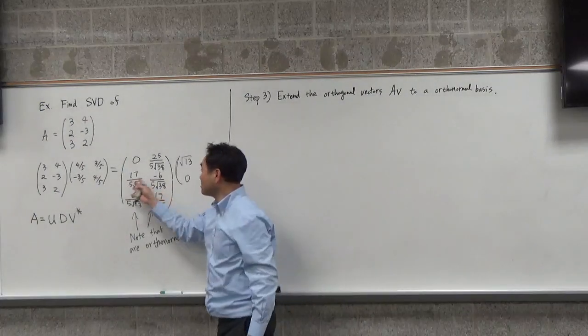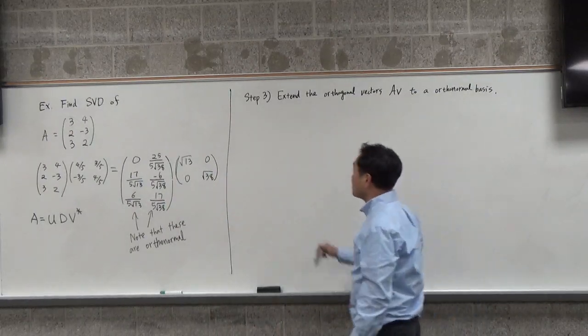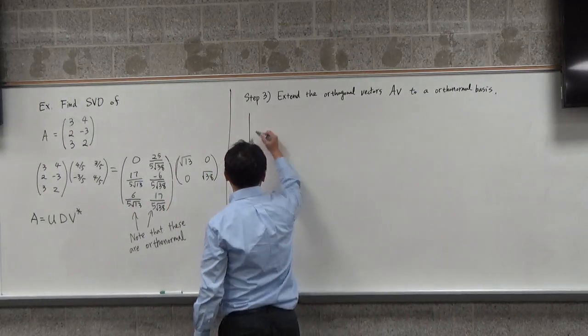Okay, so this is dimension 3. To get an orthonormal basis, we need the third element. And to do that, we will have to use the cross product.